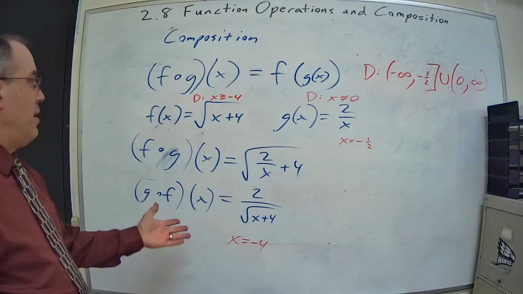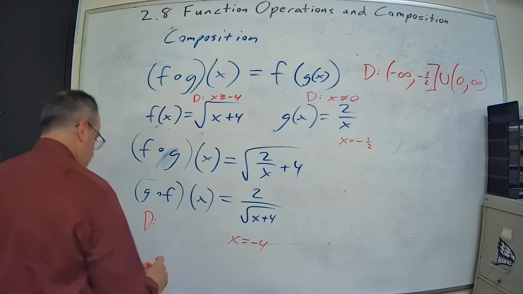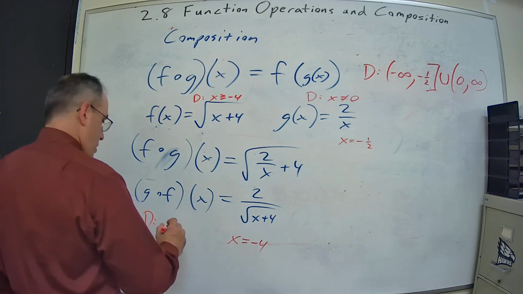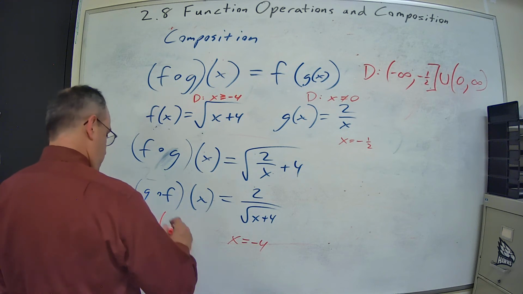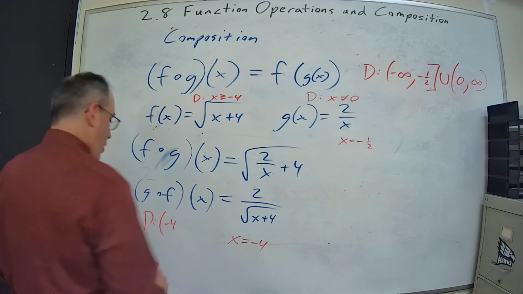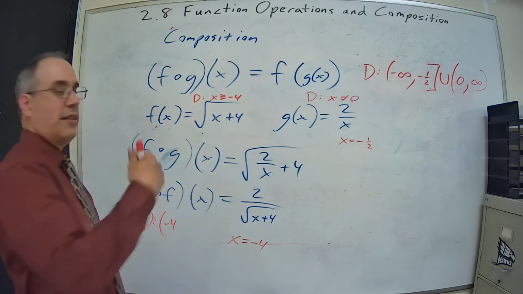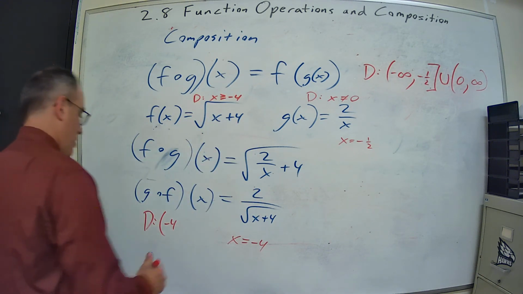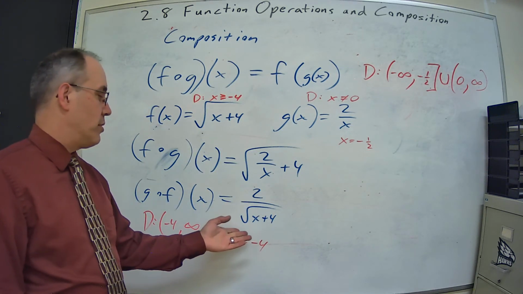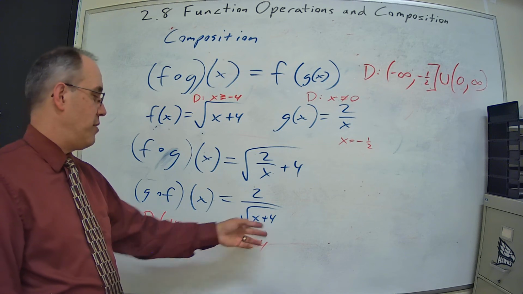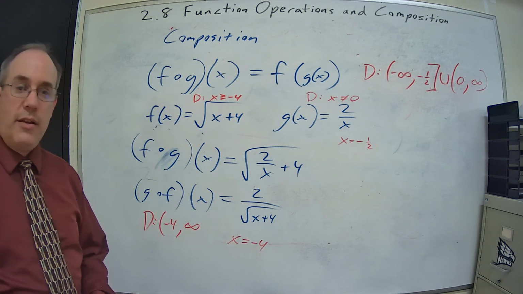So simply, the domain of this one is from -4 exclusive, because we can't allow it to be -4 and we can't allow it to be less than -4, to infinity. Any other value can work. As long as this stays positive, then we're okay.